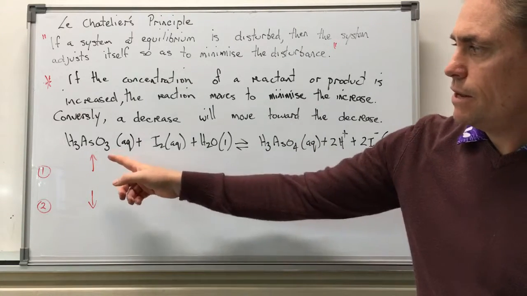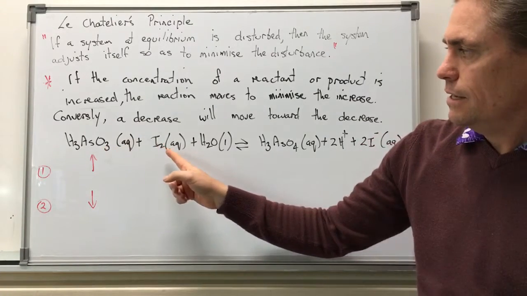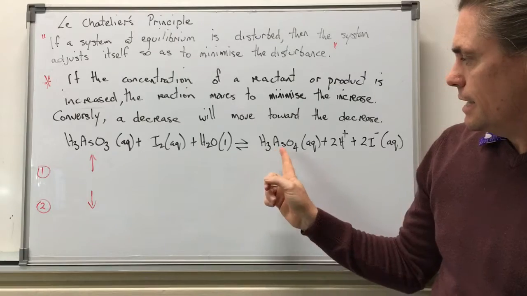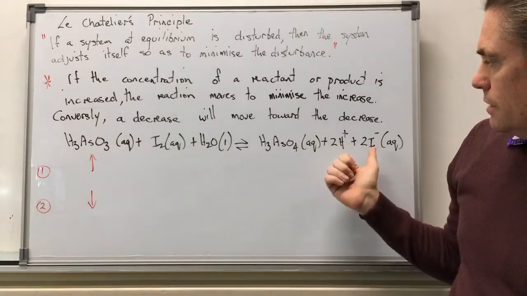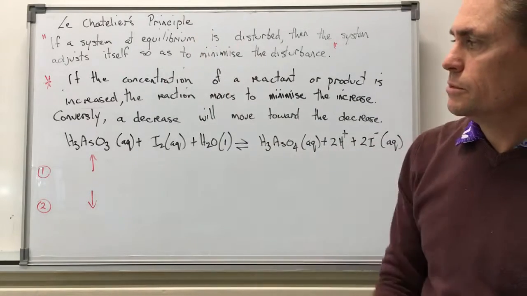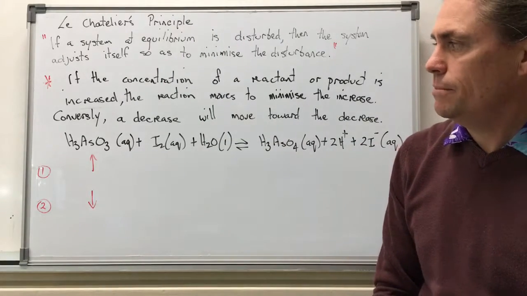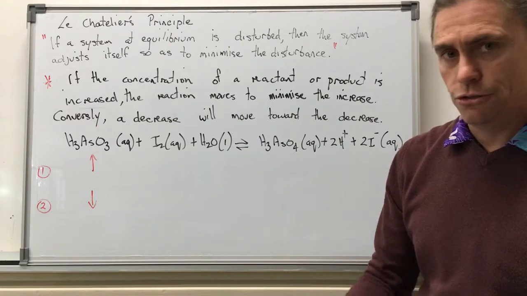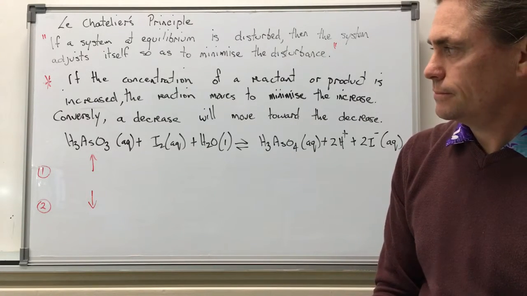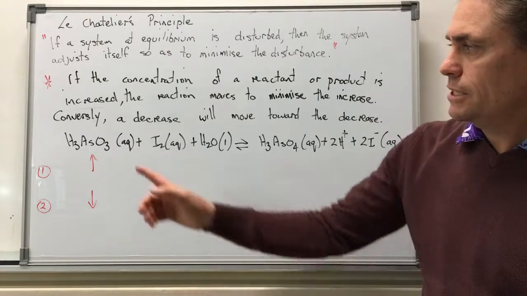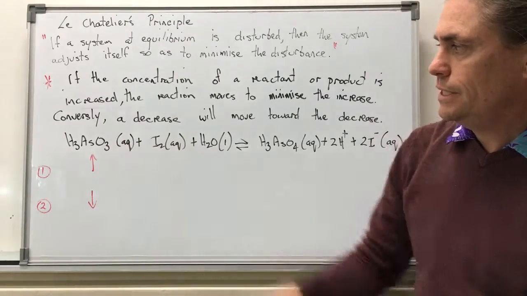So we have a reaction between arsenous acid, iodine, and water to give us arsenic acid, hydrogen ions, and iodide ions. Now, according to Le Chatelier's principle, if this is at equilibrium and we increase one of the components, it should shift away from that increase. So if we increase the arsenous acid, we should see the system move to decrease this.